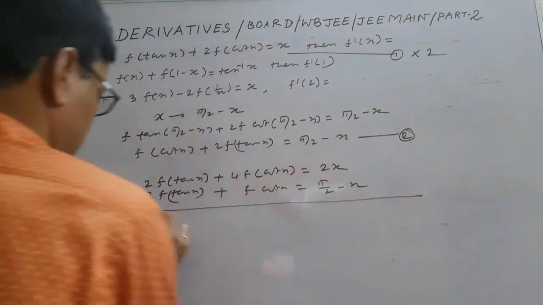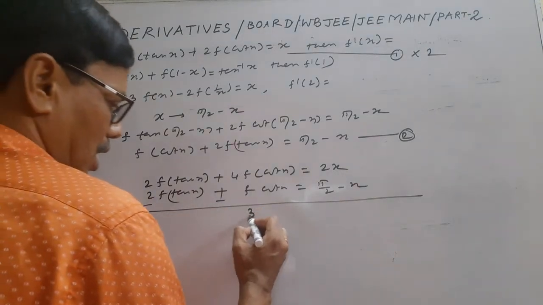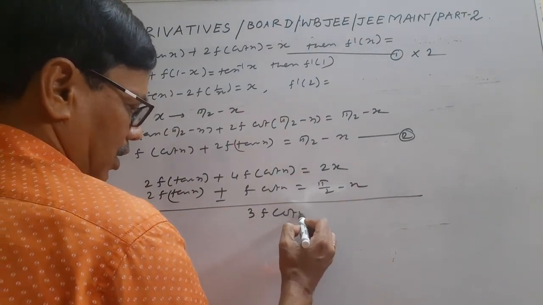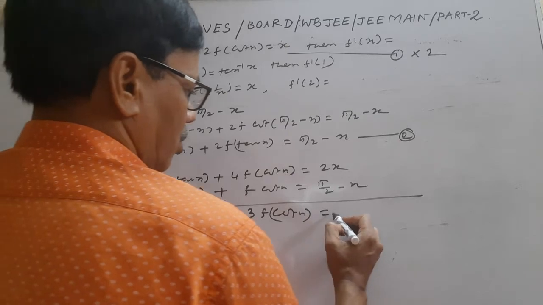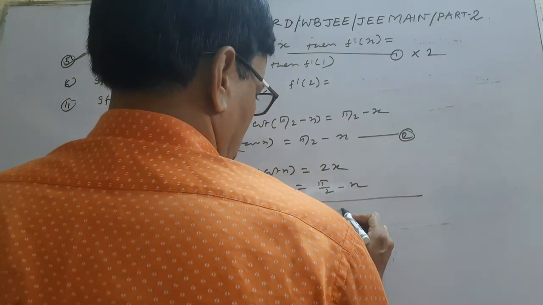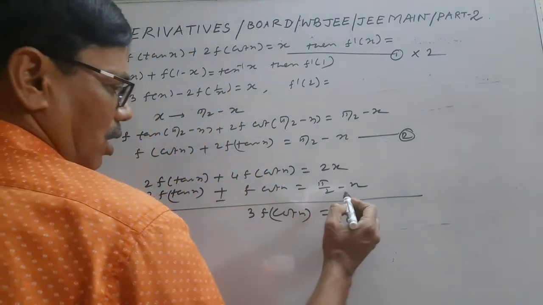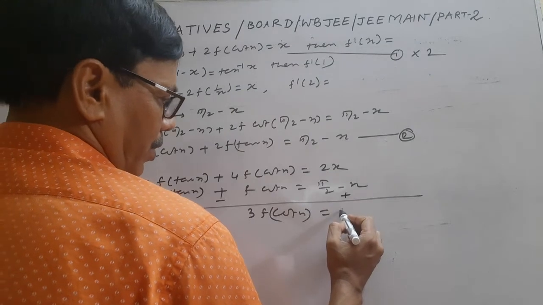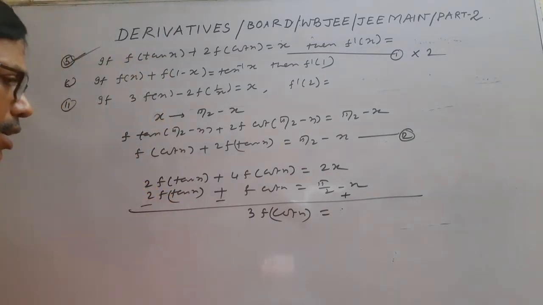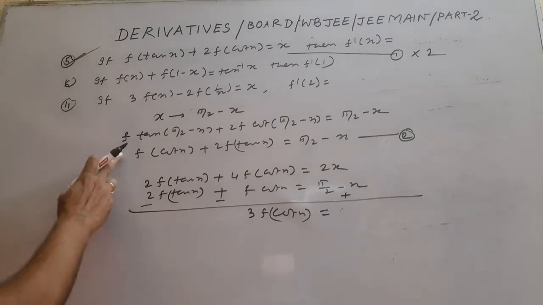So f tan x is cancelled out. 3f of cot x equals to, what? Pi by 2 minus x, then this is plus.